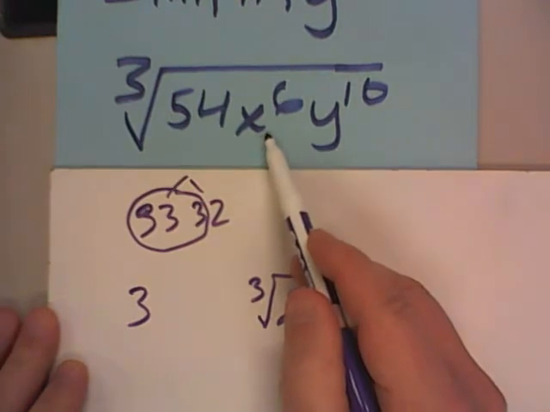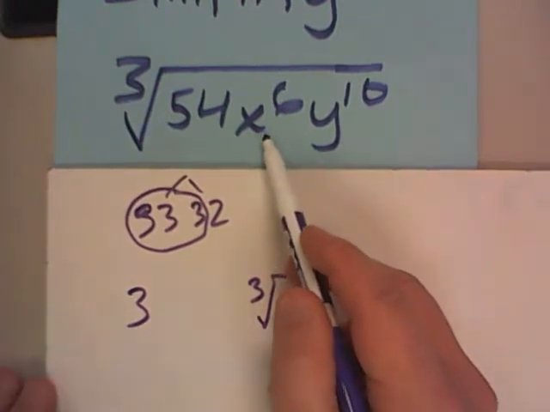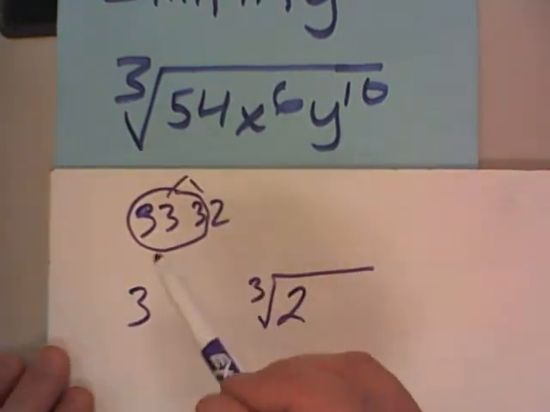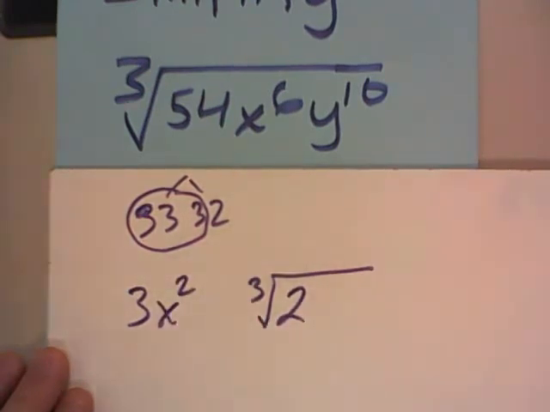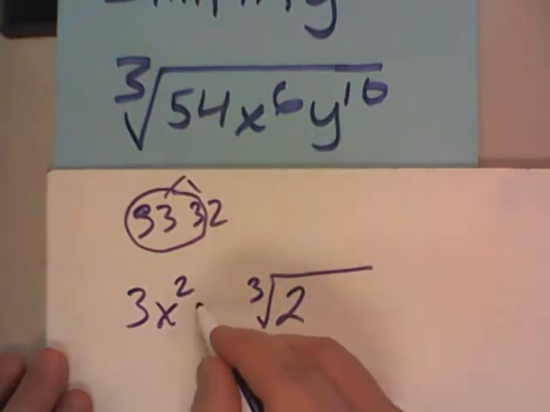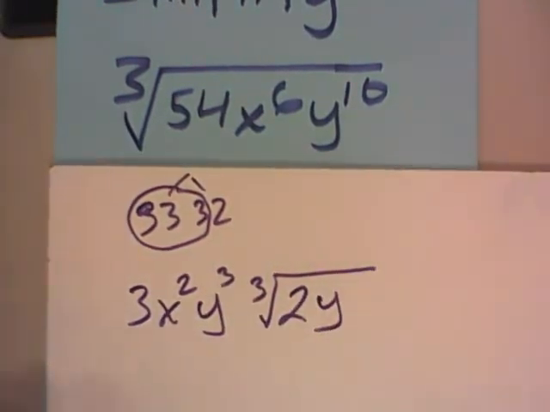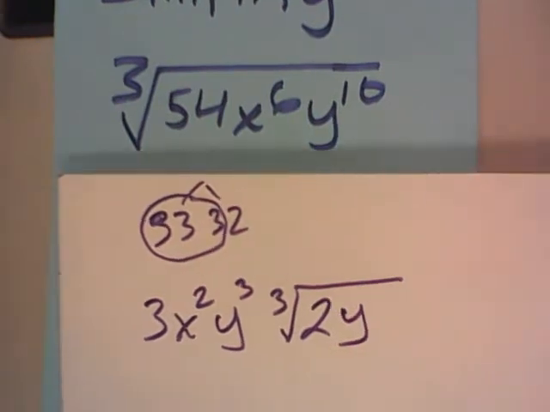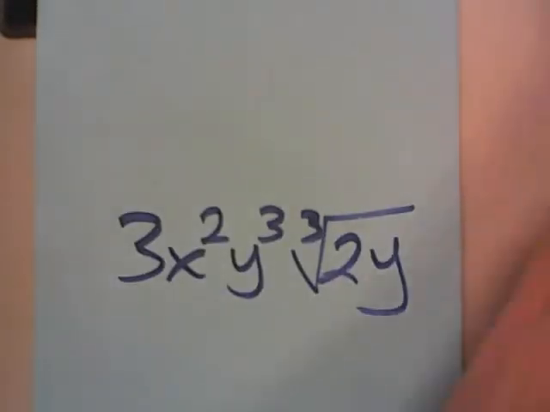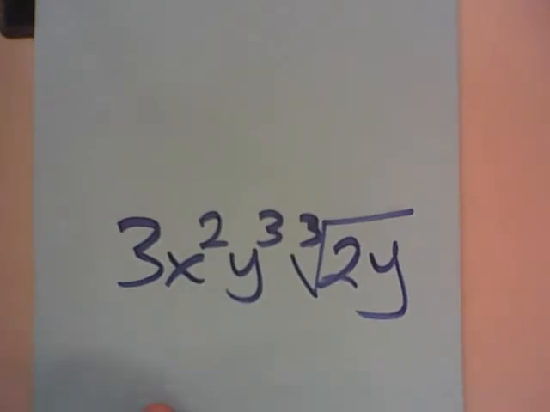I also have 6 x's, and if I pull those out in groups of 3, I'll have 2 groups of x's on the outside. I'll also have 3 groups of the y's with 1 y left over. So our answer to number 1 is 3x squared y to the third times the cube root of 2y.